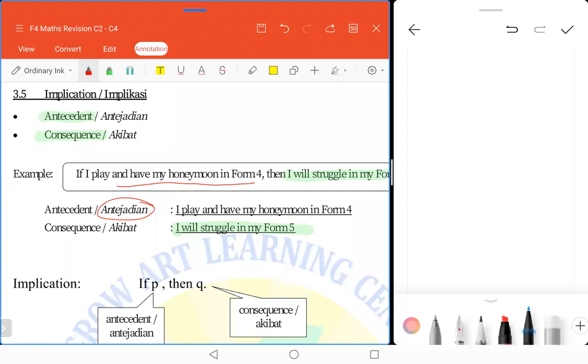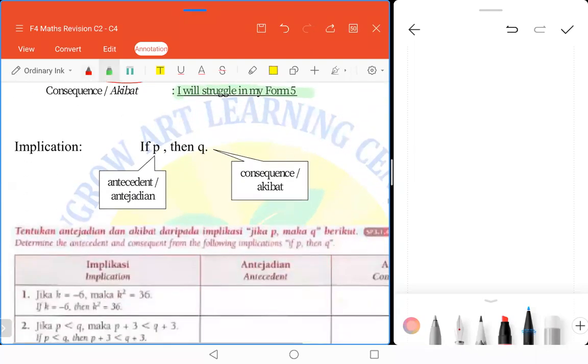Antecedent. So if we make it in short form, if P then Q. So the first sentence would be the antecedent. The second sentence at the back would be the consequence. Okay, if P then Q.